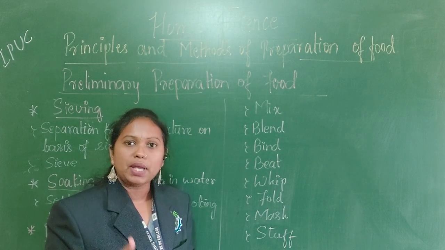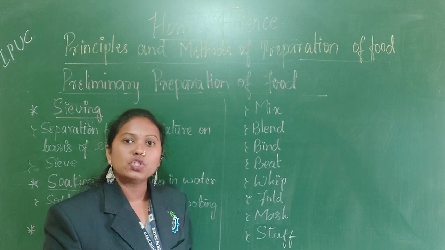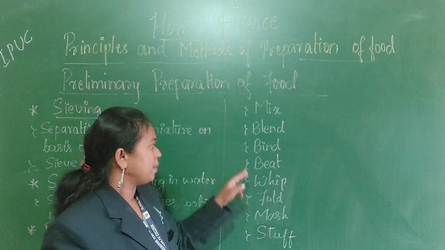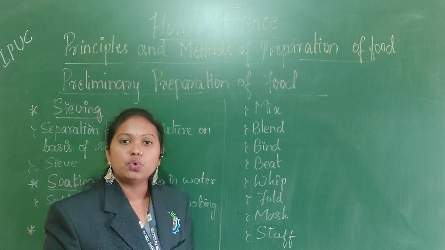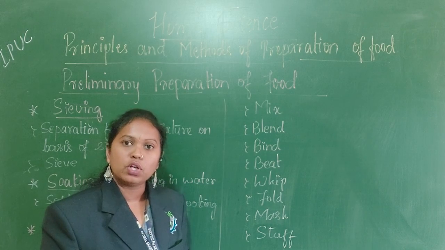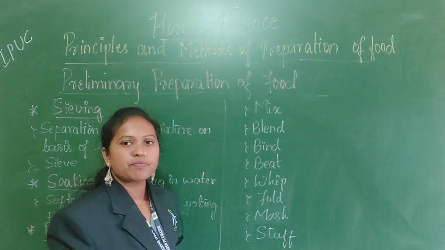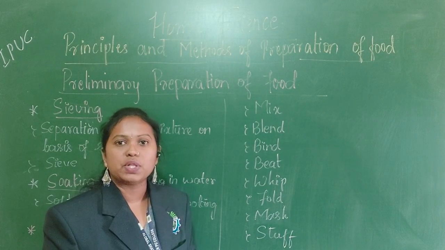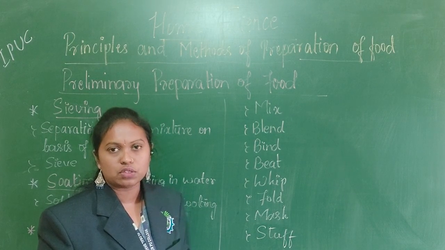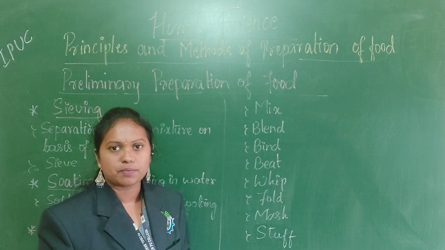Binding means making two or more ingredients cohere as a homogeneous product. When coming to beat, it is to move the beater, which is an instrument, back and forth to achieve a smooth texture. Whip means to beat with a rapid lifting motion to incorporate air into the food substance.